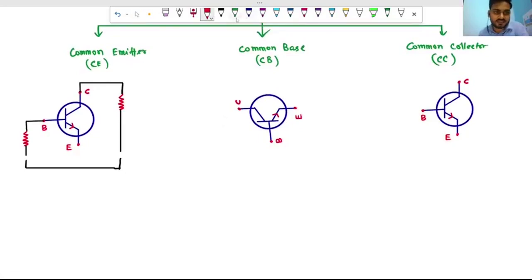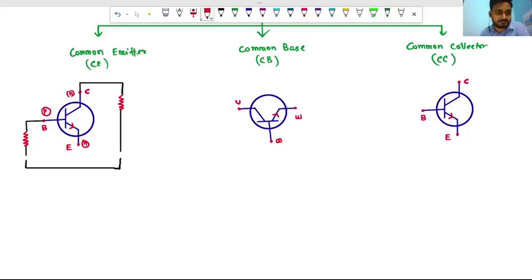For active mode, some bias is required to work properly. There are active mode, cutoff mode, and saturation mode, but I am going to draw for the active mode. This is NPN, so the emitter is N, the base is P type, and the collector is N type.